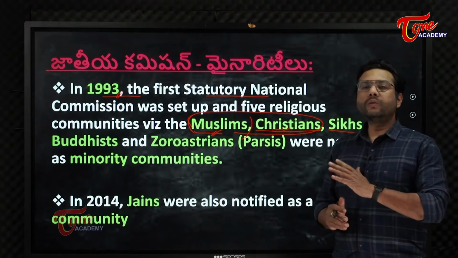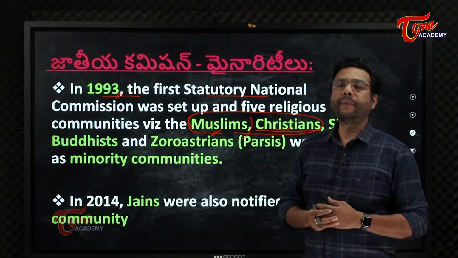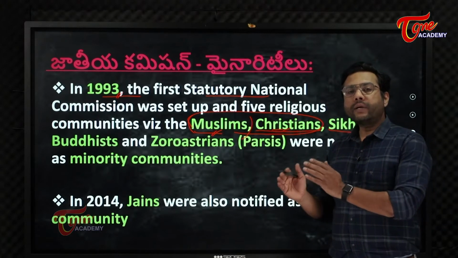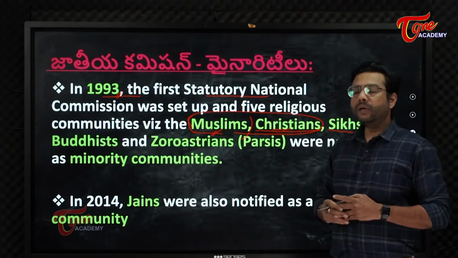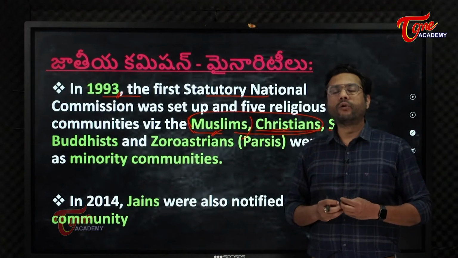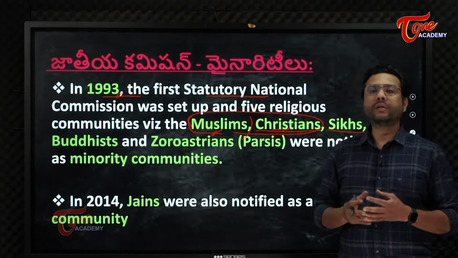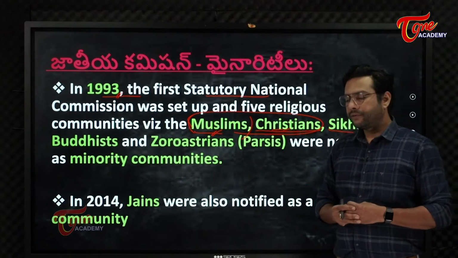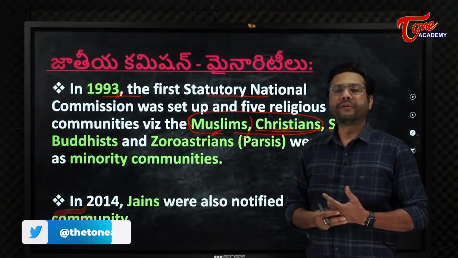So to have a comprehensive growth, to have an equitable development, to protect the secular fabric of the nation, the minorities have to be given equal importance. When we realize the necessity of brotherhood, the necessity of equality, then only we could secure the concepts mentioned in the preamble: brotherhood, socialism, secularism, equality, justice, fraternity and all.